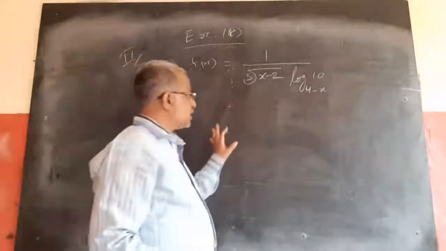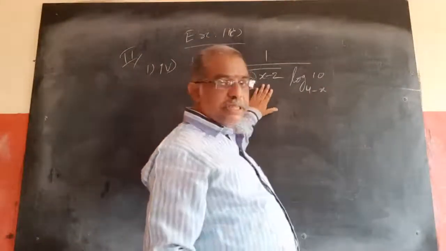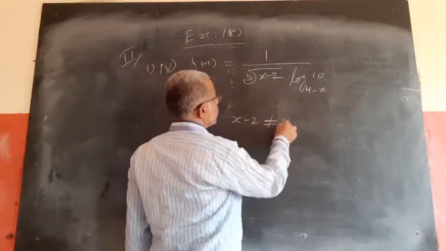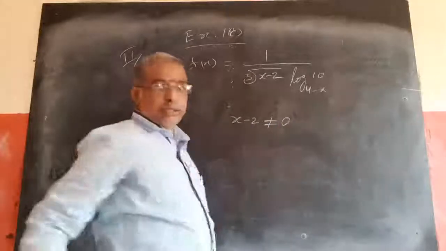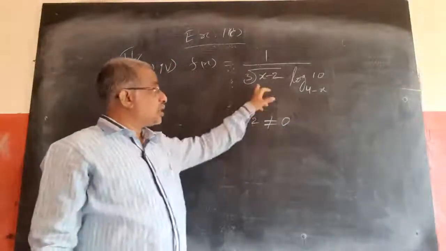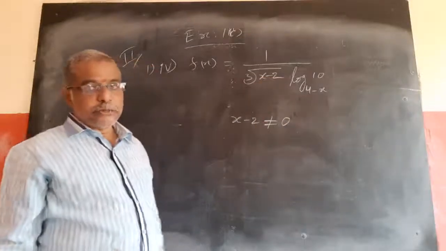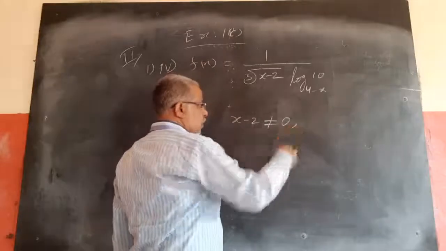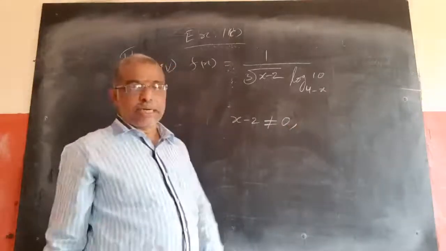So what are the three cases I told? Denominator should not be 0, so x minus 2 not equal to 0. This is a cube root, not a square root. If it is a square root, this should be greater than 0, but it is a cube root, so it can be less than 0 also. It is defined only if x minus 2 is not equal to 0. Denominator 0 is undefined.